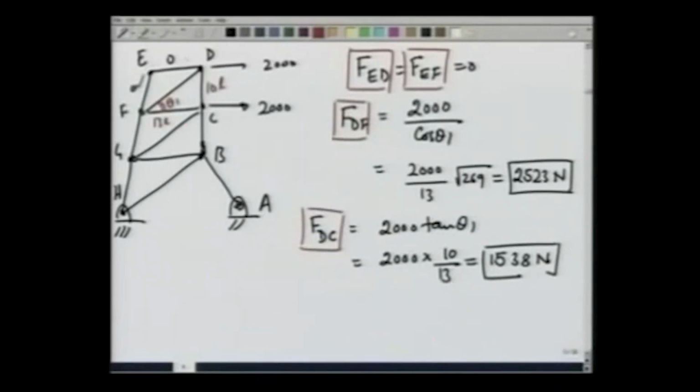We found this, we found this, we have found this, we have found this. Now, we can move on to point F, because on point F, now I know 2 forces FFD and FEF, and 2 unknown forces are going to be FFC and FFG. So, with 2 equations I can find these forces also. Let us do that next.